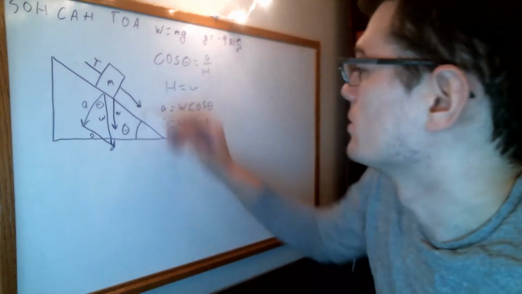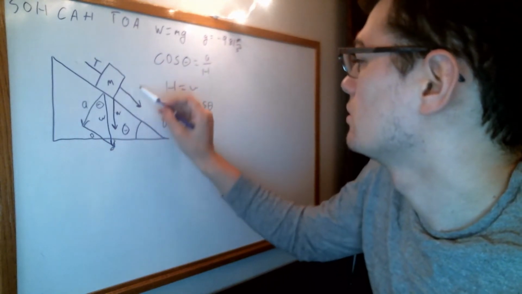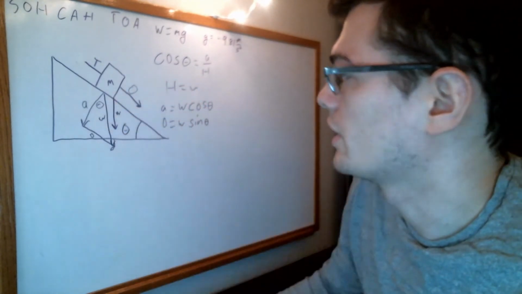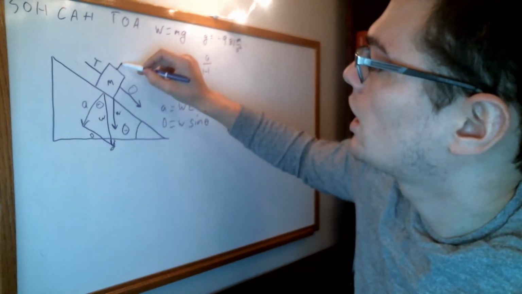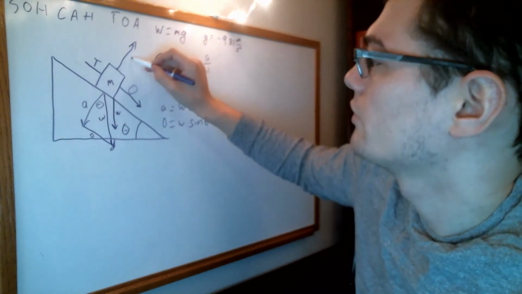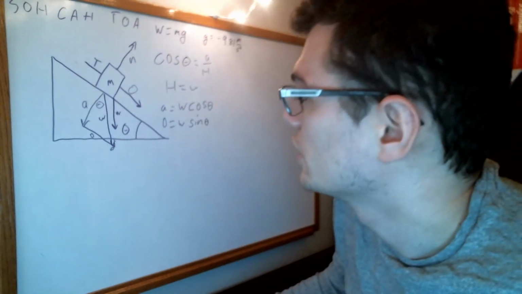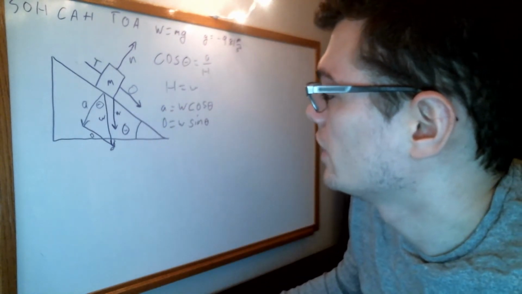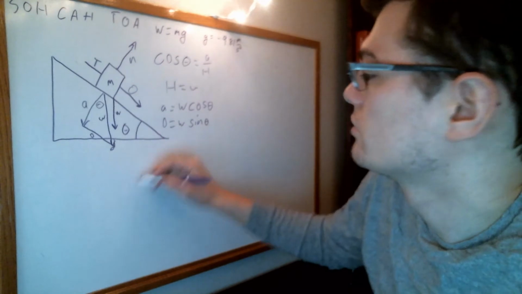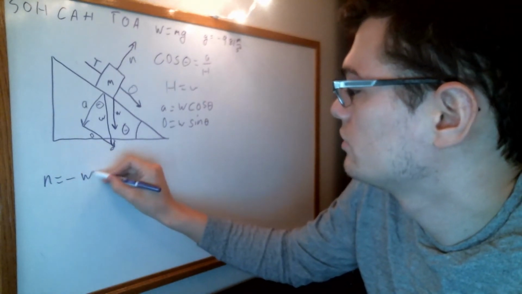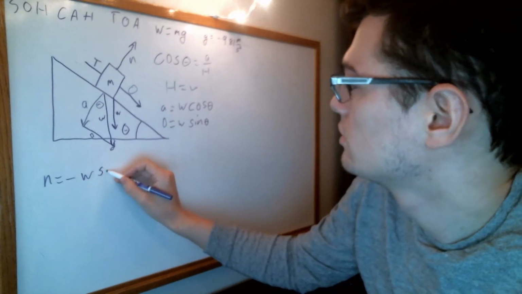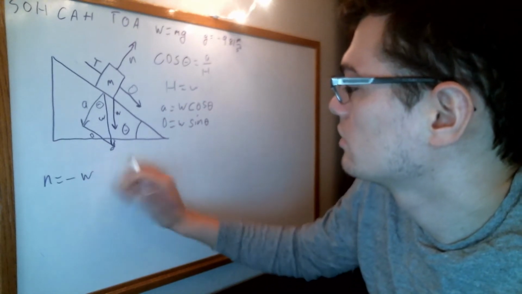So the force that points here, this is going to be our O, and there's our A. And then opposite to our A, we're going to have our normal force N, which again is just the negative of A. So then we have that N is equal to negative W cosine theta.